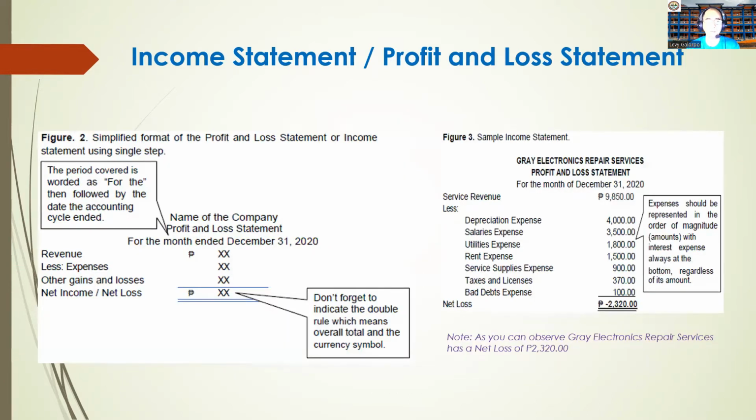So, ito yung example ng income statement or profit and loss statement or the statement of comprehensive income. Sa left side, no, makikita nyo yung simplified format of the profit and loss statement or income statement using the single step. This is in the pro forma ng mga XX, wala pang figure.